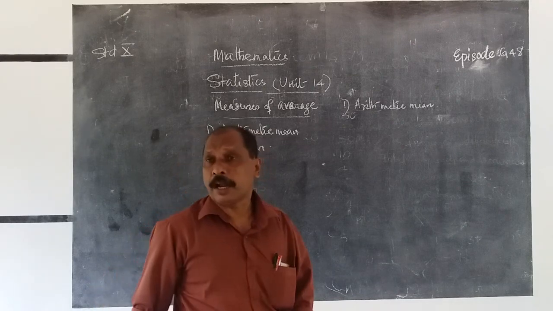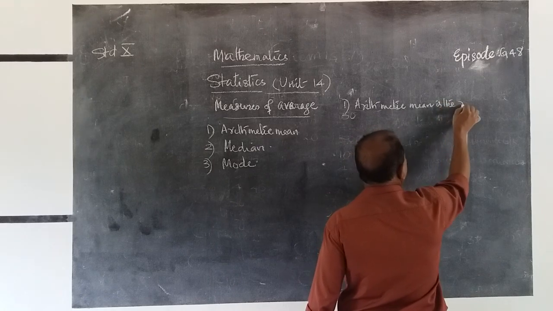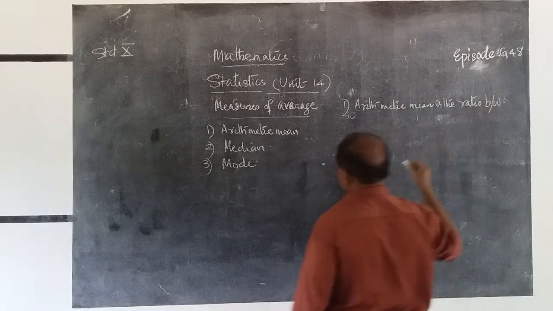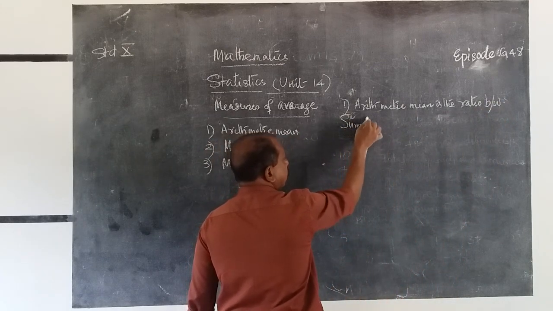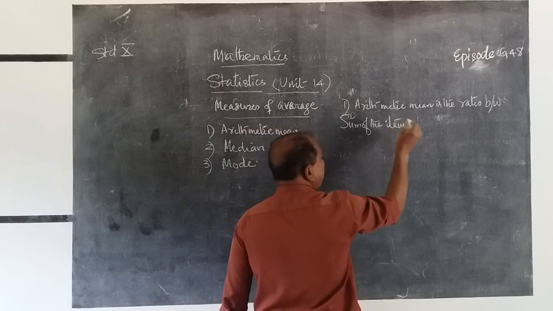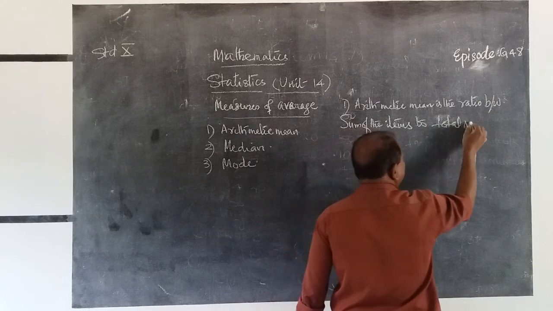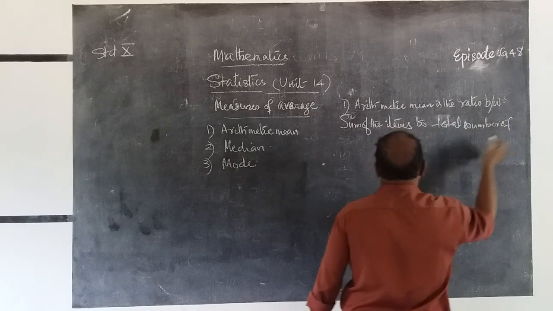Ratio means numerator divided by denominator: sum of the items to total number of items.